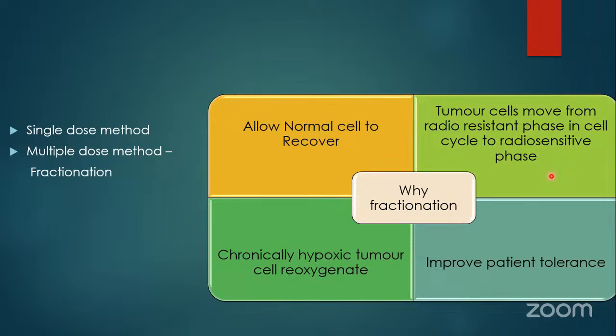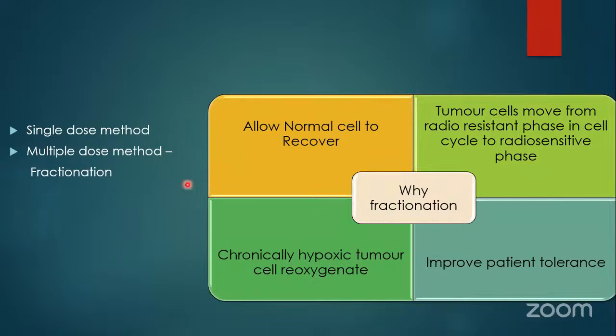And apart from that, the chronically hypoxic tumor cells. We know that once we give radiotherapy, we are going to create a hypoxic environment in the tumor, right? So the cells in those tumors will start to reoxygenate, so they will respond better to radiotherapy. Okay, so these are the advantages of fractionation over the single dose method.